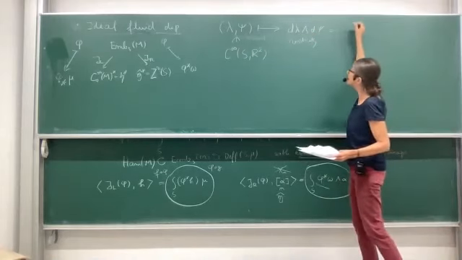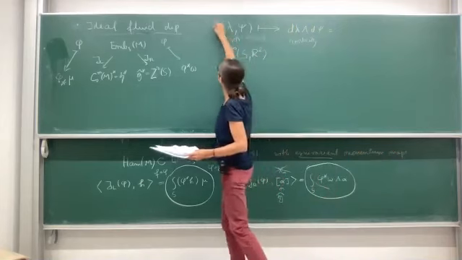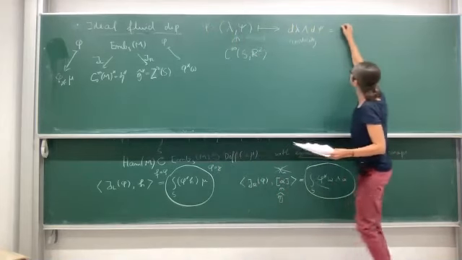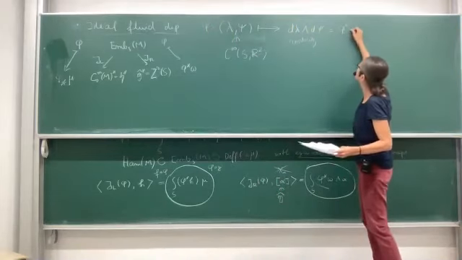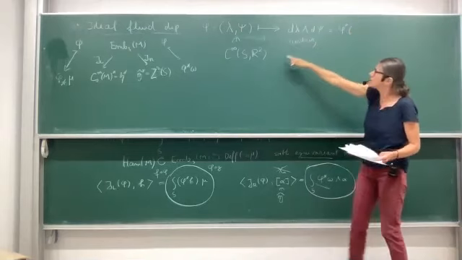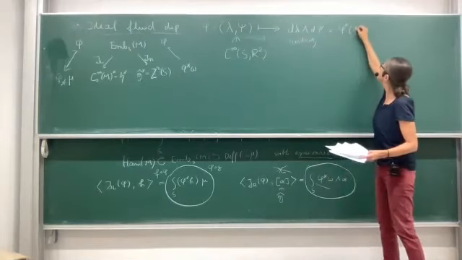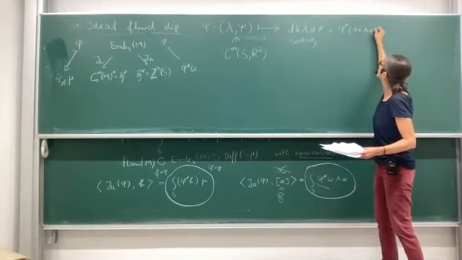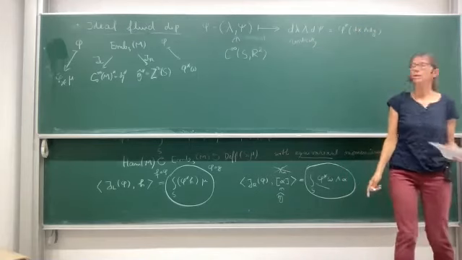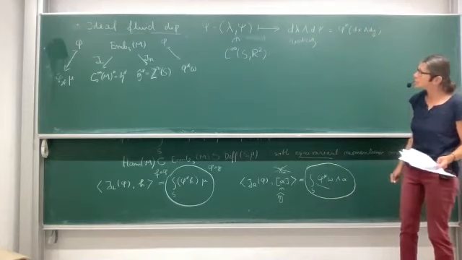This one would be our phi, and this would be simply phi star of omega. What is the symplectic form on R2?